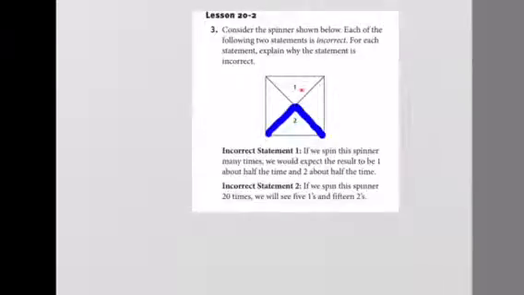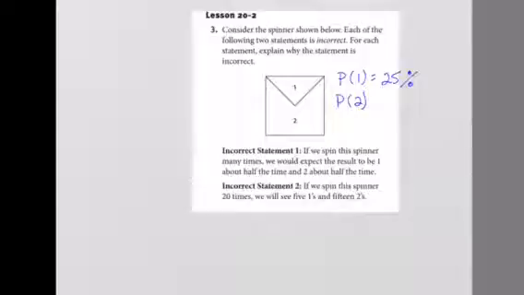Now, section 1 only has one of those 25% areas, so we know that the probability of landing on number 1 is 25%. So what does that mean about the probability of landing on 2?